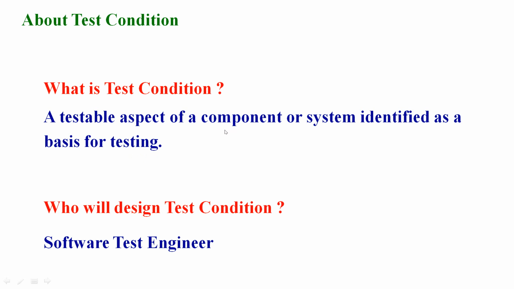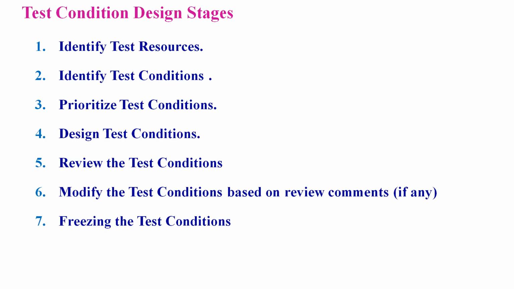So for each and every testable item, we have to design the test condition. Who is responsible for designing the test condition? Software test engineer or software testing team is responsible to design the test condition. Now, what are the different stages involved in test condition designing?